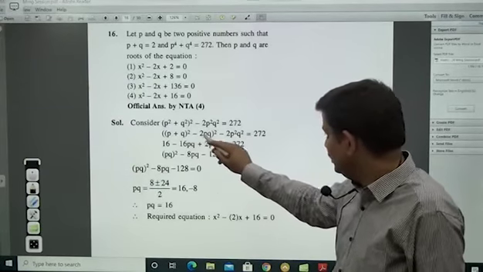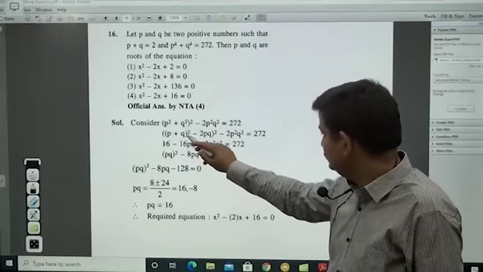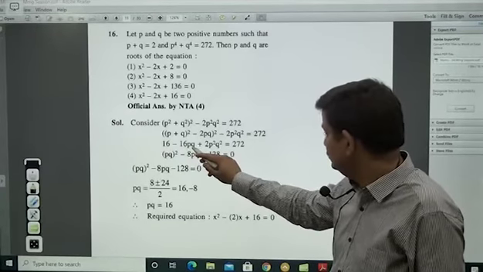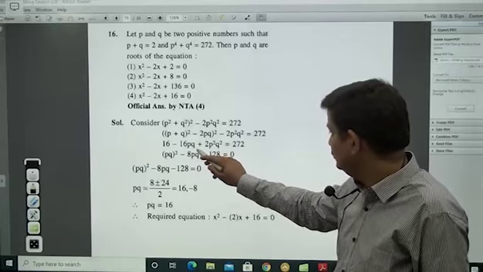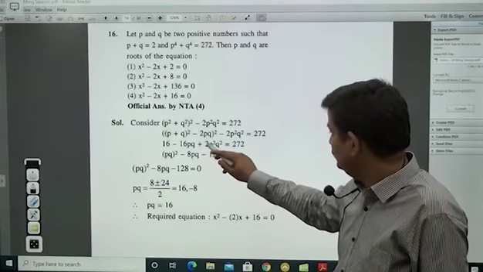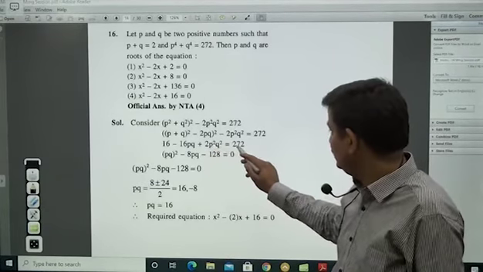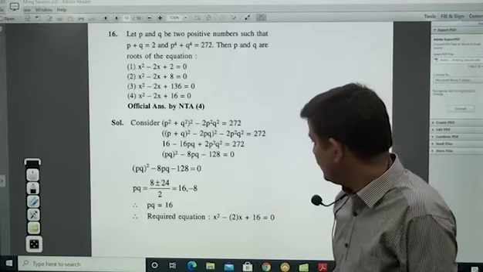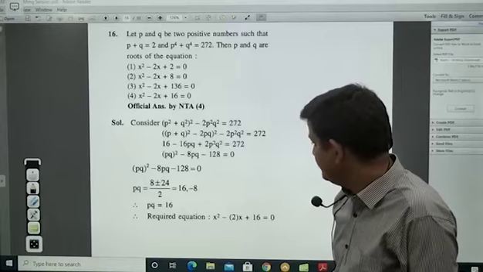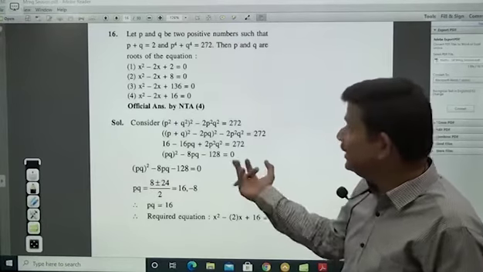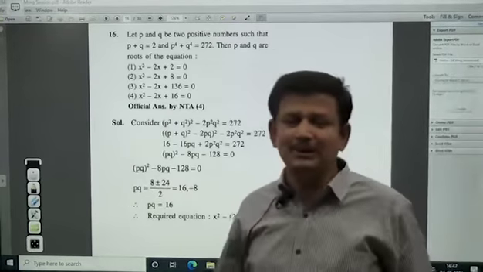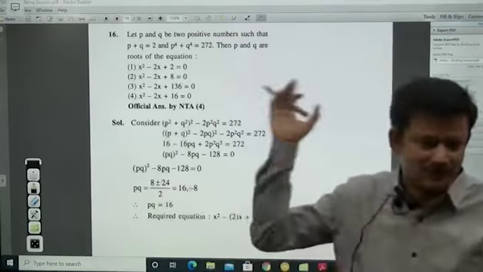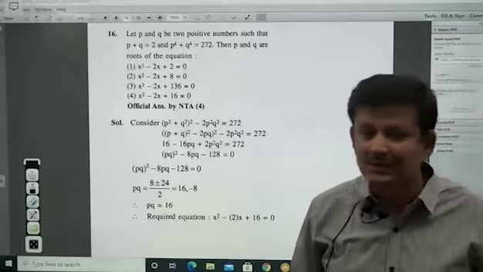This is also correct. This is correct, this is correct. 272. He got it right, no problem, but P and Q are positive numbers. That root will not satisfy that condition.